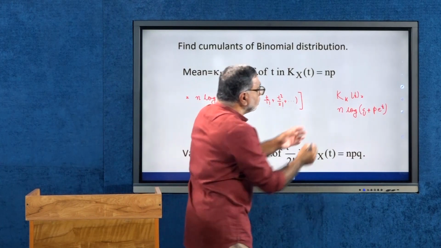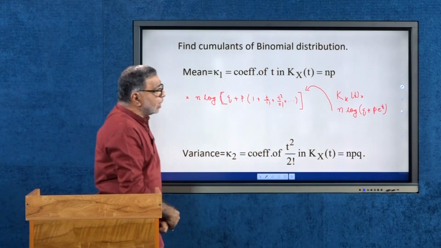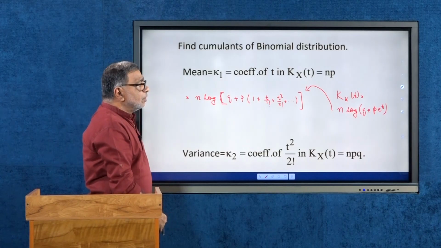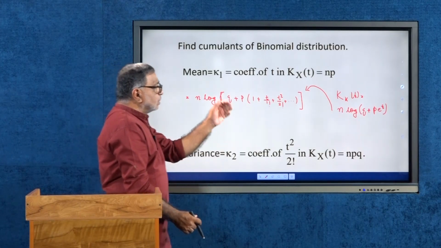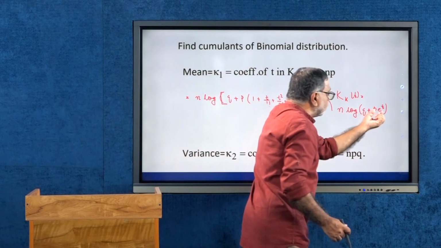So, when we have kappa x of t equal to n logarithm of q plus p e power t, that is equal to n logarithm of q plus p times the expansion of e power t.